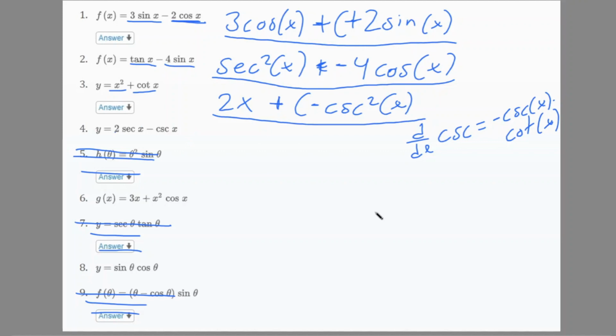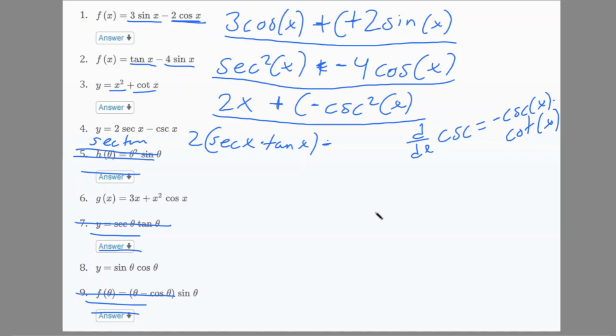So if we were to answer this, 2 times secant x, the derivative of secant x is secant tan. So we would get 2 open parentheses secant x times tangent x, and then minus the derivative of cosecant x, which is this right here.